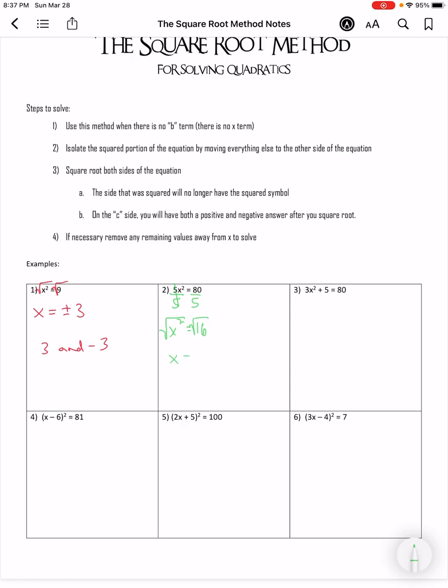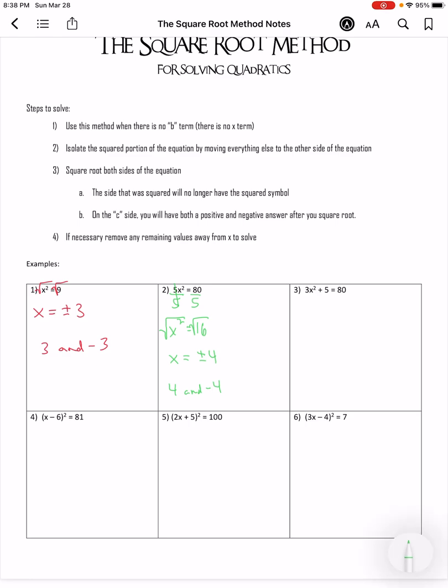So x equals, and the square root of 16 is 4, so it's positive or negative 4. In this case, our solution would be 4 and negative 4. So really that one was just a two-step issue, nothing terribly complicated, but again, we're trying to isolate whatever's squared, and then from there square root and move on.